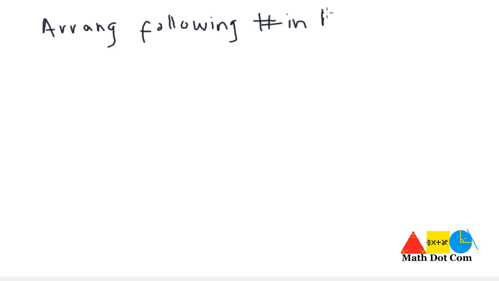Let's take an example. For example, someone said, please arrange the following numbers in ascending order. In ascending order, it means from smaller towards greater.